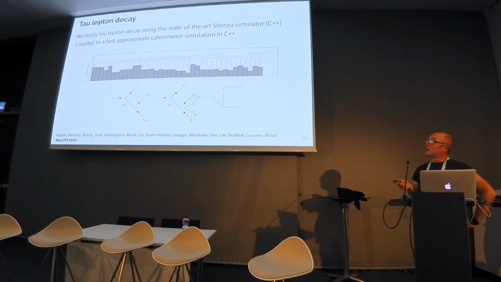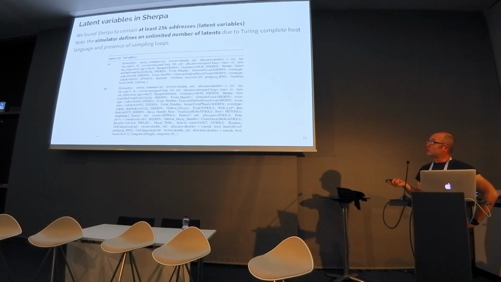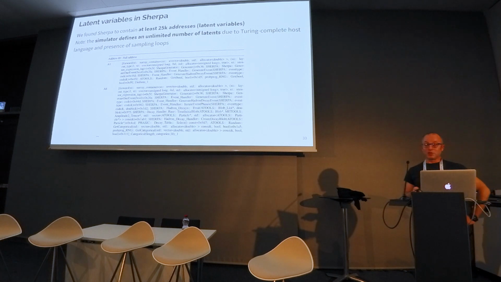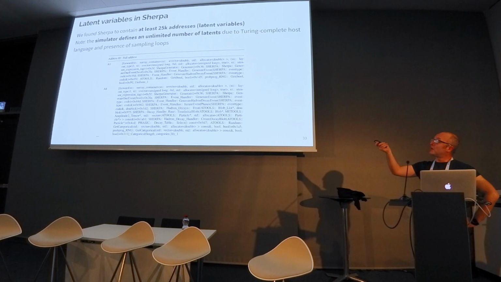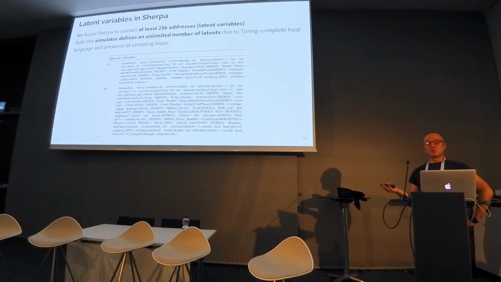We looked at a tau lepton decay event, and we worked with the Sherpa simulator, and this simulator address space looks something like this. These are two examples of that. We ran the simulator maybe up to tens of millions of times, and we ended up discovering around 25,000 unique latent addresses.